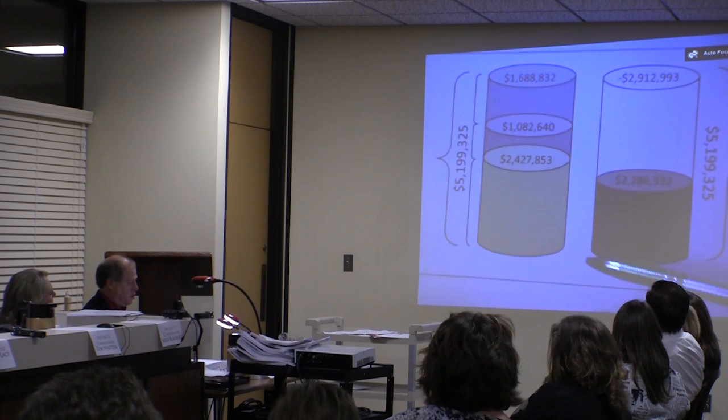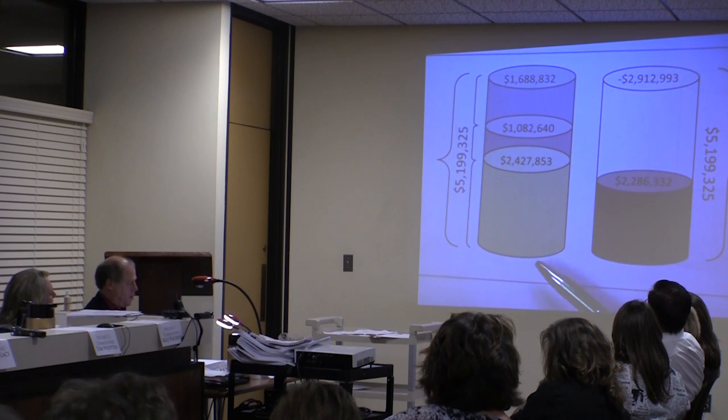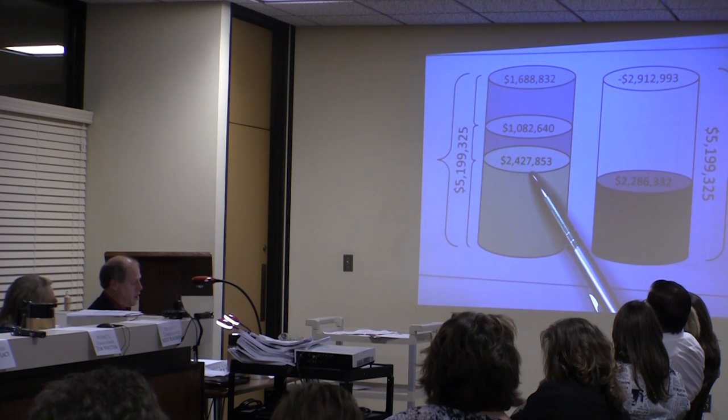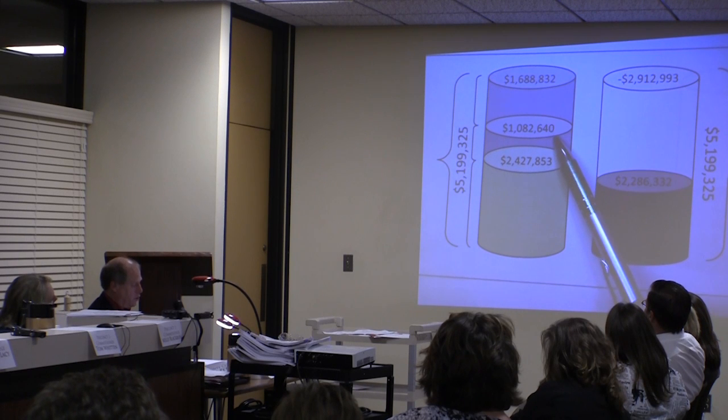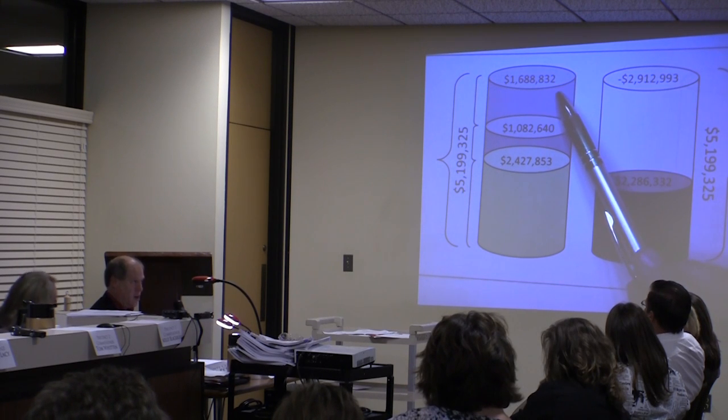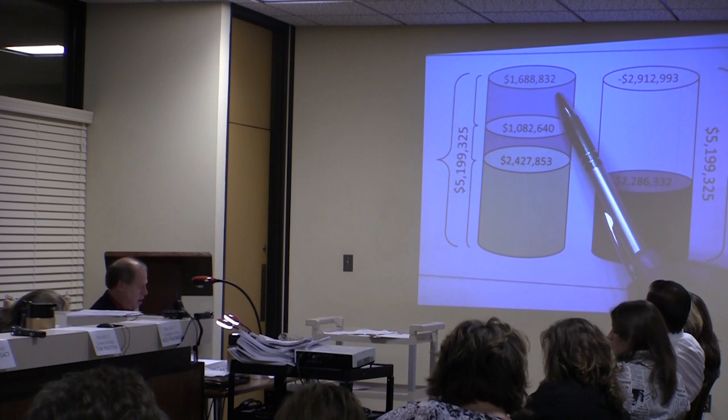Here's a cylinder with a bank account, and it's got $2.427 million of agency funds that belong to other people, and it's got $1,082,000 of restricted funds, and $1,688,000 of general funds that are designated and not available for other uses, and I have a list of them.